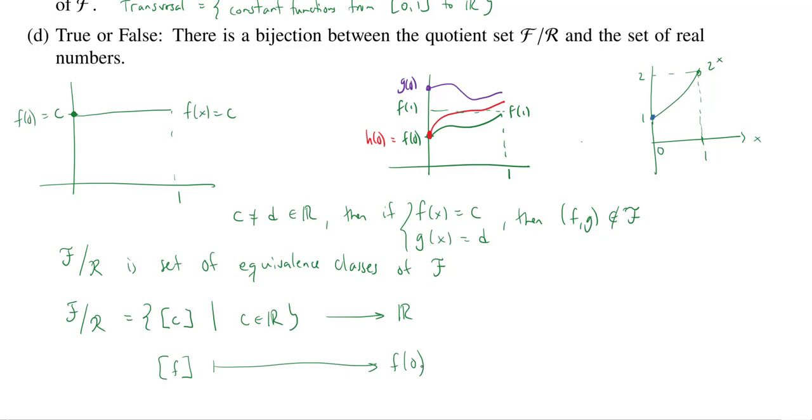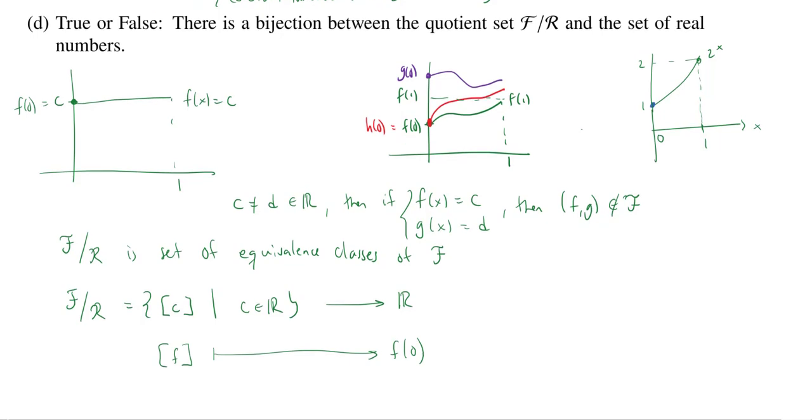All right. Now, how do I know that this is a bijection? Well, first question, is it a function? And the way we would break it being a function is if one equivalence class could go to two different numbers.